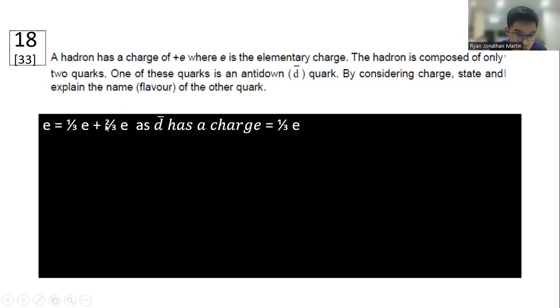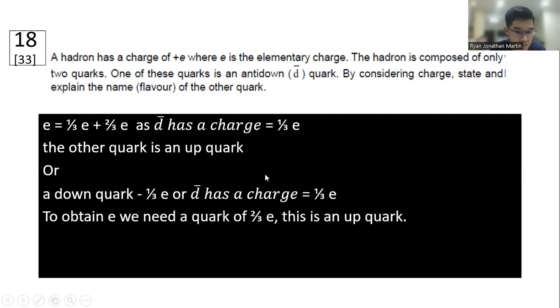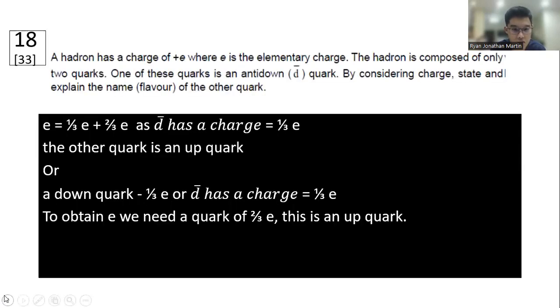So you need plus 2/3 E. A down quark is minus 1/3 E, the anti-down plus 1/3 E, to obtain E. That's your reasoning part. Either one way of reasoning or the other way.